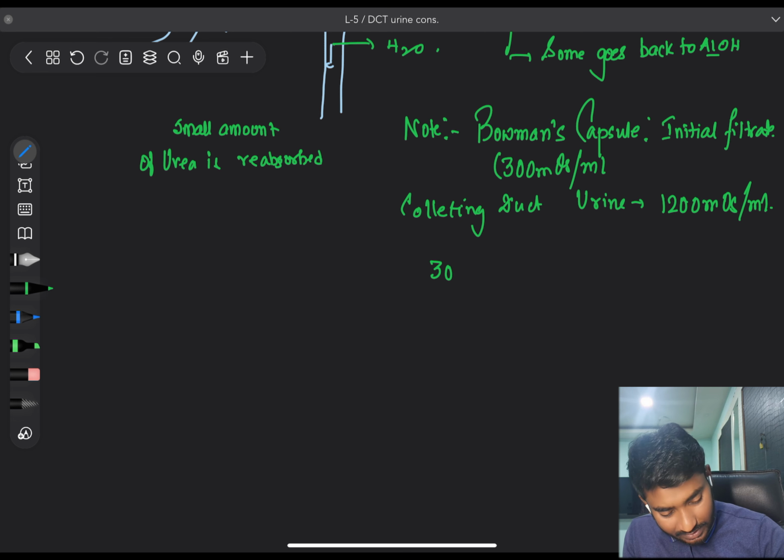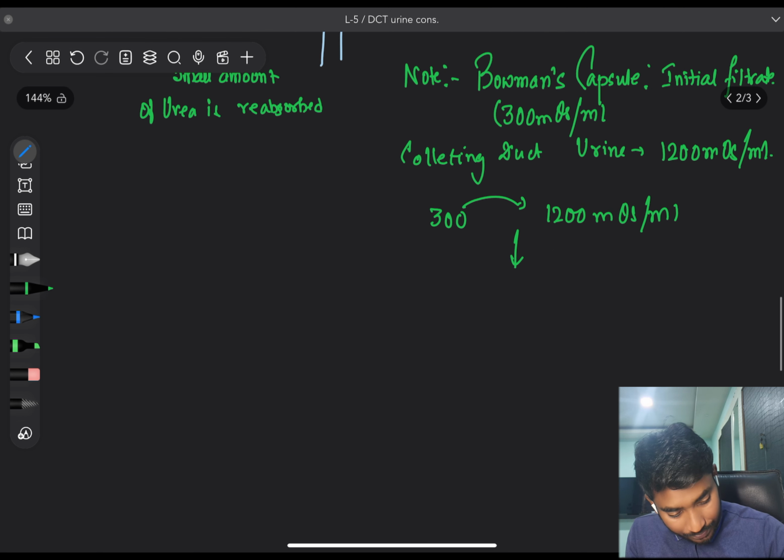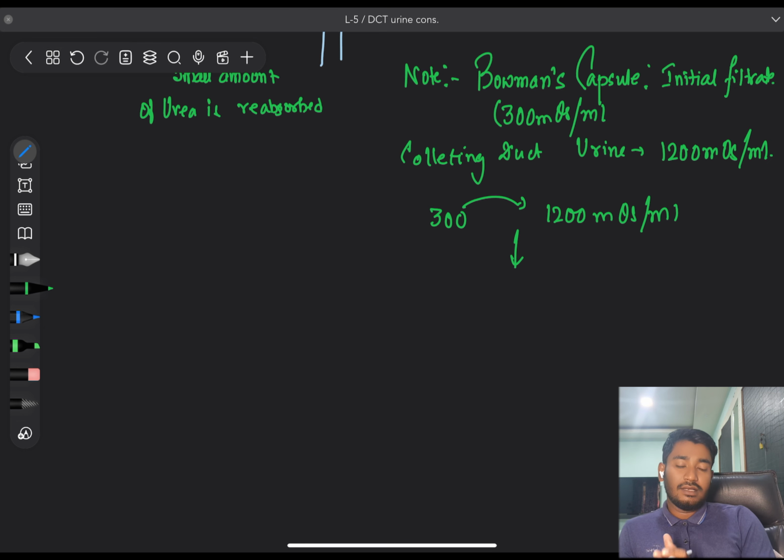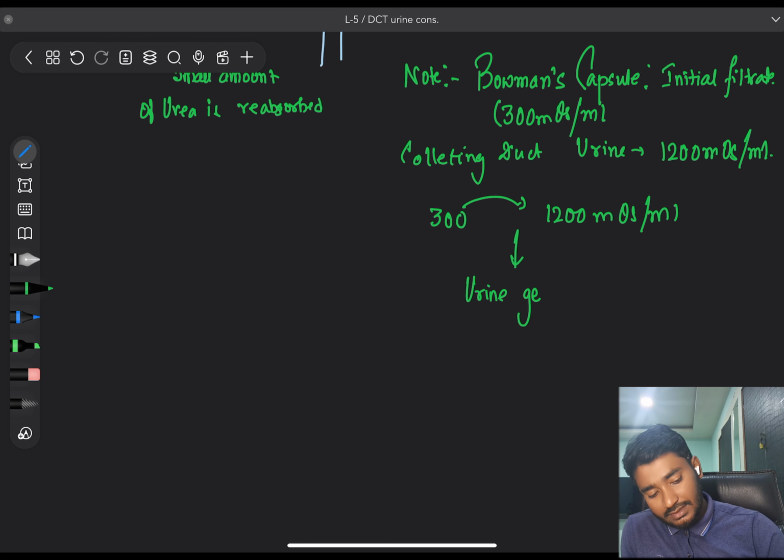Okay, now what happens? 300 milliosmol goes to 1200 milliosmol per milliliter. Okay, urine gets 4 times concentrated from 300 to 1200. So urine gets 4 times concentrated here.